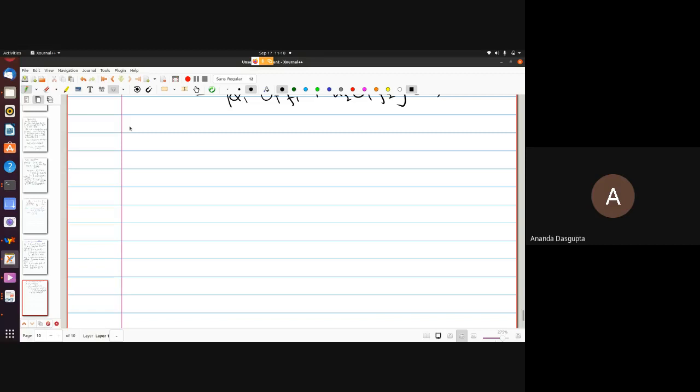So the question I have for you is this: what is the easiest way to establish that a linear operator is non-singular? The only vector it takes to the zero vector is the zero vector. Exactly. That's the easiest way to prove this.